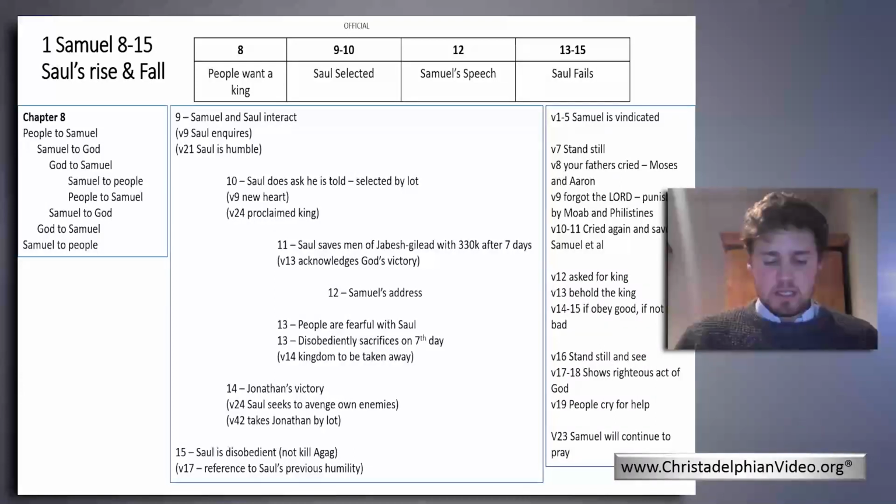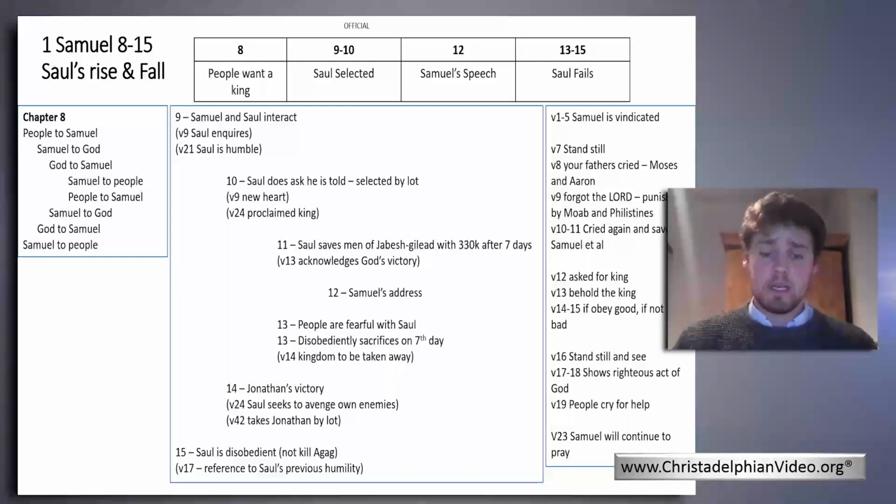And then he tarries another 7 days in verse 8, and he should have waited for Samuel, but he doesn't, and he offers on behalf of the people. And because he's taken things into his own hands, rather than being instructed by Samuel as he was previously when he was made a prophet, he now has the punishment for this in verse 14, where the kingdom is not going to continue.